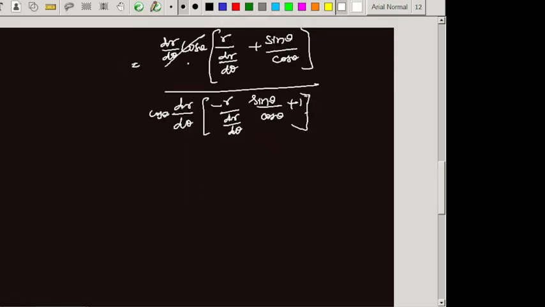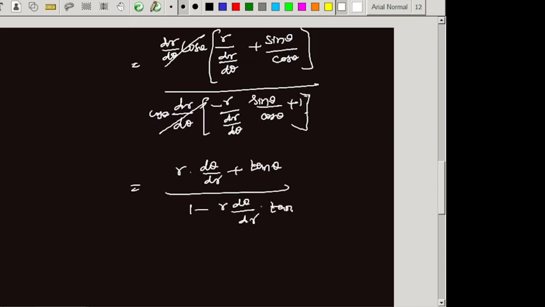If we divide this, we can write it as r into dθ/dr, otherwise we can keep it as it is, plus tan θ divided by 1 minus r into dθ/dr into tan θ. So this is equation number 2.